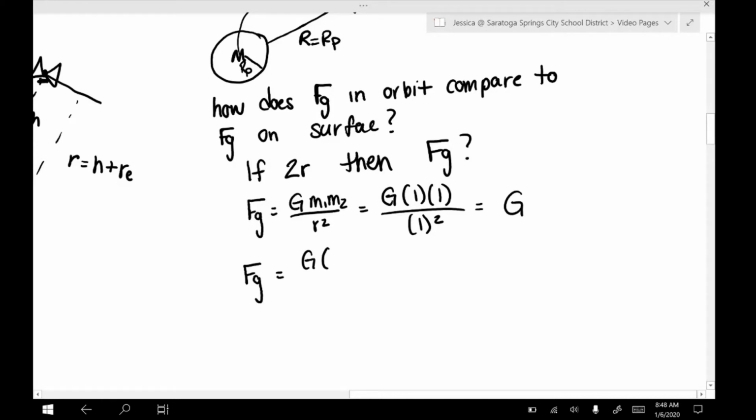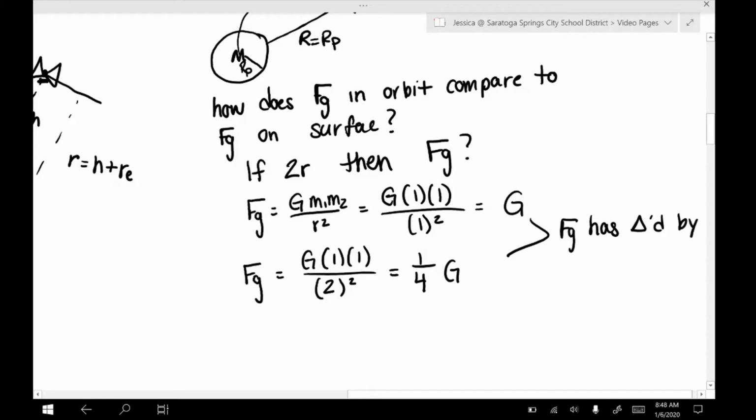So in this case, we need to double R. So instead of 1, I'm going to have a 2. Well, that gives me 1/4 G. So what this means is that FG has changed by a factor of 1/4. So if I double the distance, then that gives me 1/4 FG.